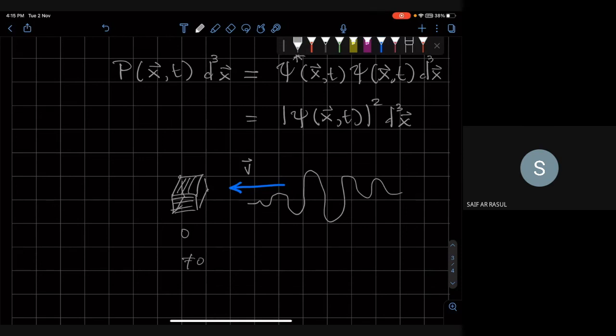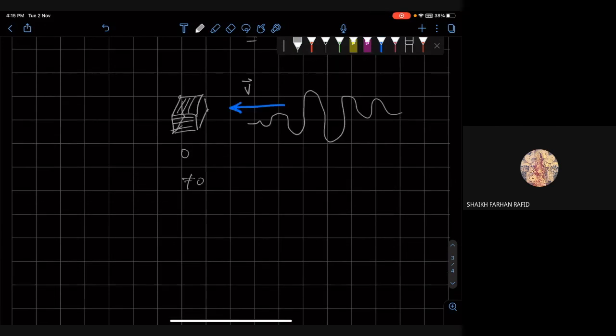Okay, good. So this is the Born interpretation. And the Born interpretation is one of the postulates of quantum mechanics. So again, it's like the Schrodinger equation. We don't know why it works, but it works.